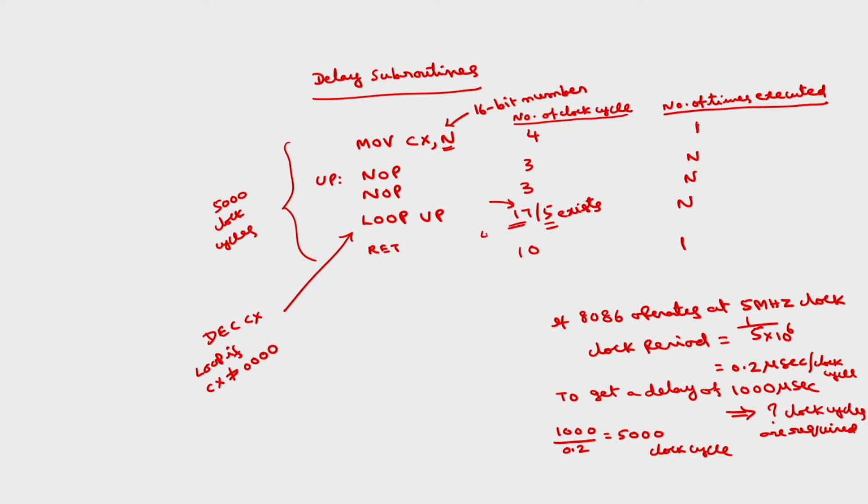So, in the loop, for jump 17 cycles are required, for exit 5 cycles are required. Here how many times will this jump? N minus 1 times it will jump to up, and 1 time exit.